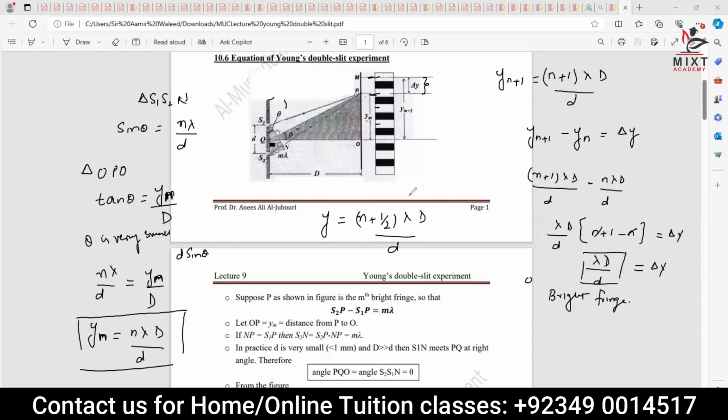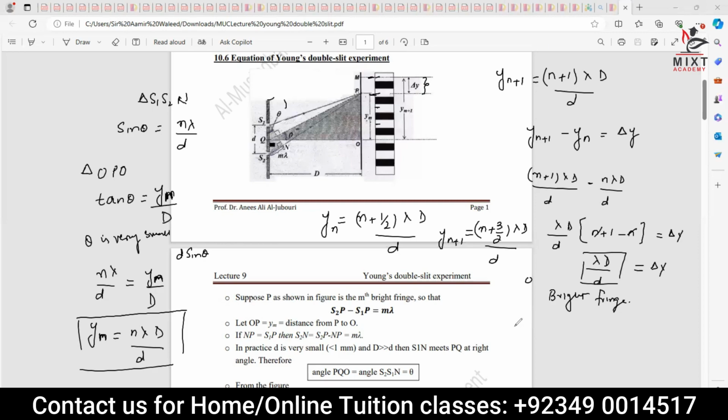Now, this one is for the nth y value. Let's find out for n plus 1th. That will be n plus 1, which means 3 by 2 into lambda D upon small d.